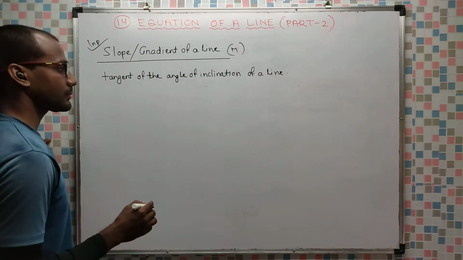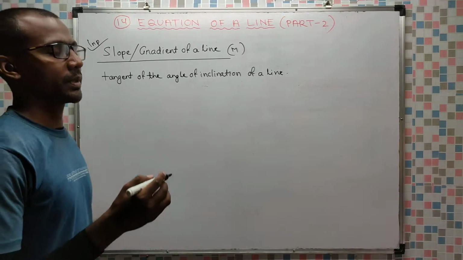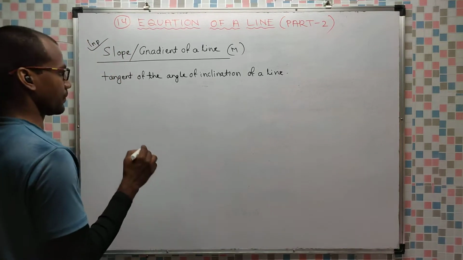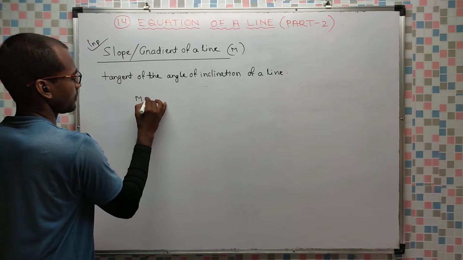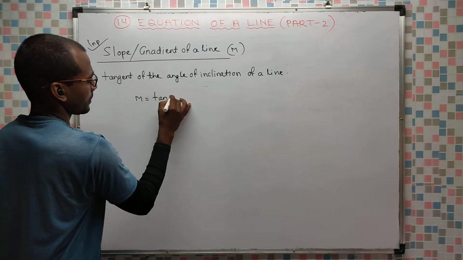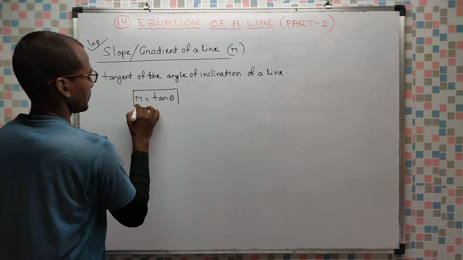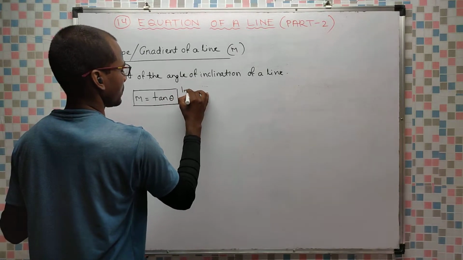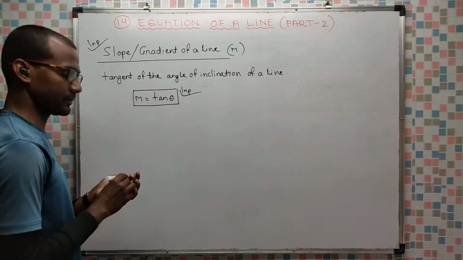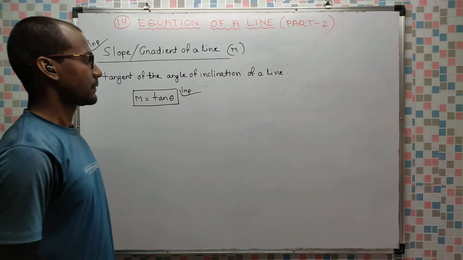Means if the angle of inclination of a line is theta, then its slope or m will be simply tan theta. Remember this, m is equal to tan theta.